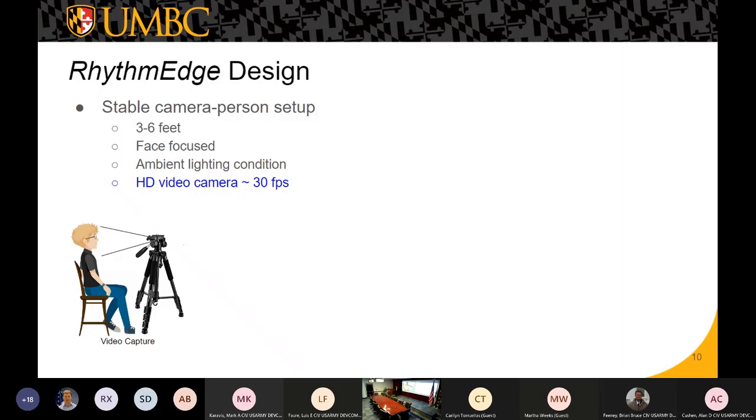Even the way I'm standing should be fine, because this is just regular movement. I'm not doing any rigorous movement. So that is the stable camera-person setup. It also requires a camera at 30 fps, and most cameras are 30 fps, so that is also within standard.